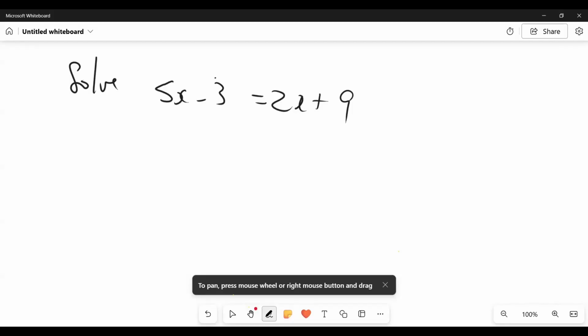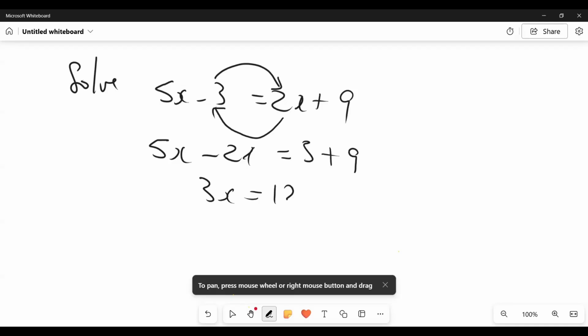They'll take this -3 over here, and they'll take this 2x over here, and they'll do this, and this turns out to be equal 12. Then they take down the 3, divide, and get x equal 12 over 3. People do that shortcut, right?